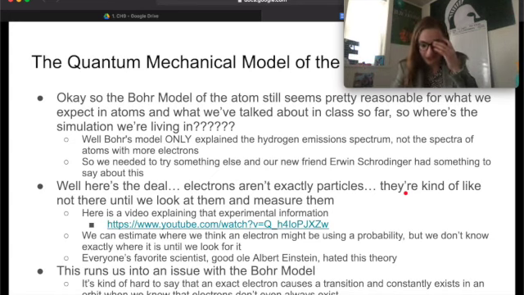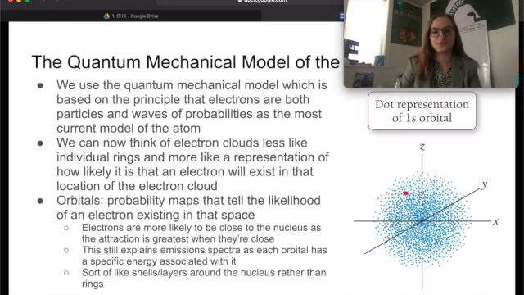So how do we think about this in the new quantum mechanical model? In the quantum mechanical model of the atom, we choose to use the principle that electrons are both particles and waves. That allows us to create an electron cloud.